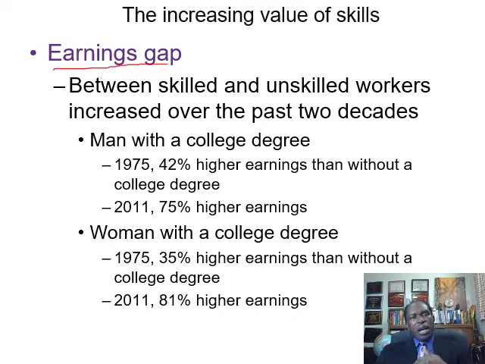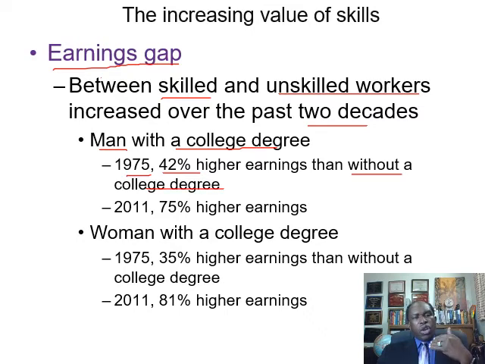The earnings gap in the US has been widening between skilled and unskilled workers over the past two decades. For instance, a man with a college degree in 1975 earned 42% more than a man without a college degree. In 2011, this gap increased to 75%.